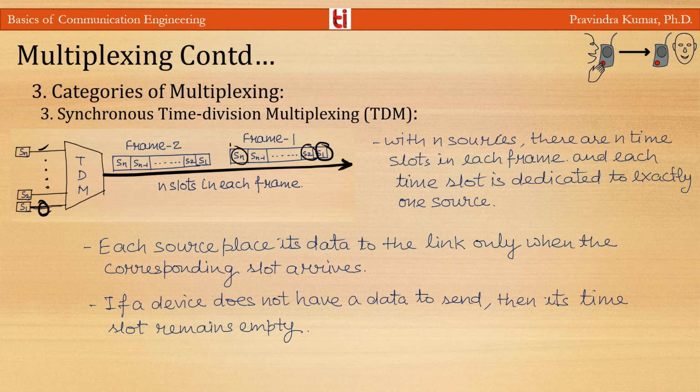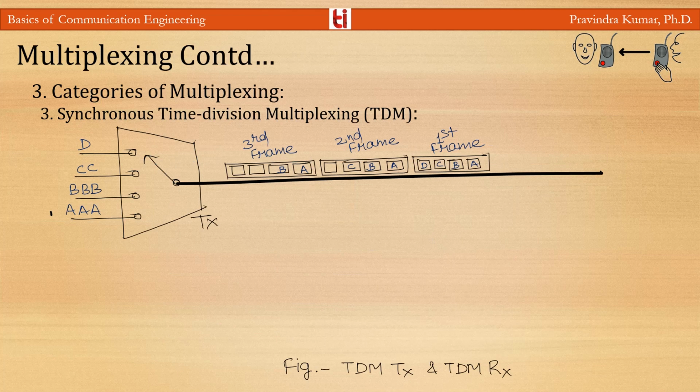So this is a frame, and this includes extra pulses or bits for synchronization or control information, and this frame is then transmitted. And if there is no data for any source to transmit, then the frame will be empty.